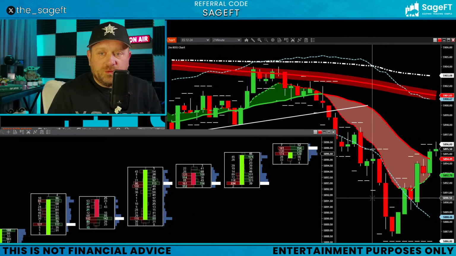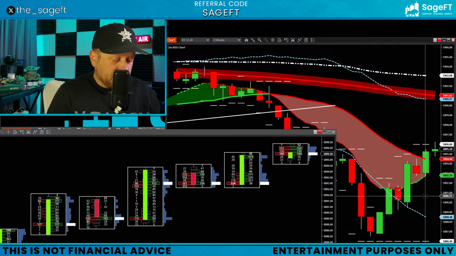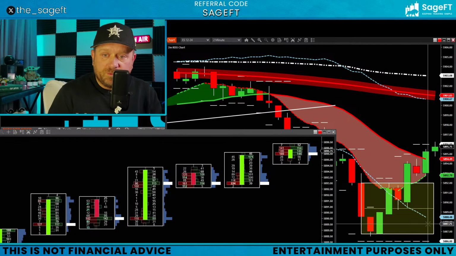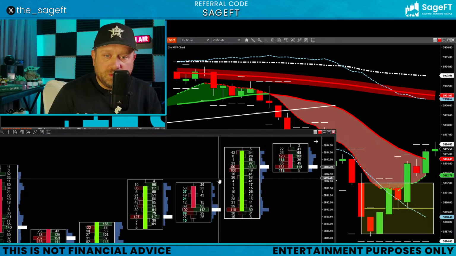If we're looking at removal of the removal, let's just dive right into that, and then we'll get to the tape as to why I was bidding, even though I didn't get filled, that has nothing to do with it. First thing we're going to do is identify the draw on liquidity. We're going to be able to find the plausible exhaustion bar, right? So that's 92. Now watch what made me bid 92 this time as opposed to anything else.